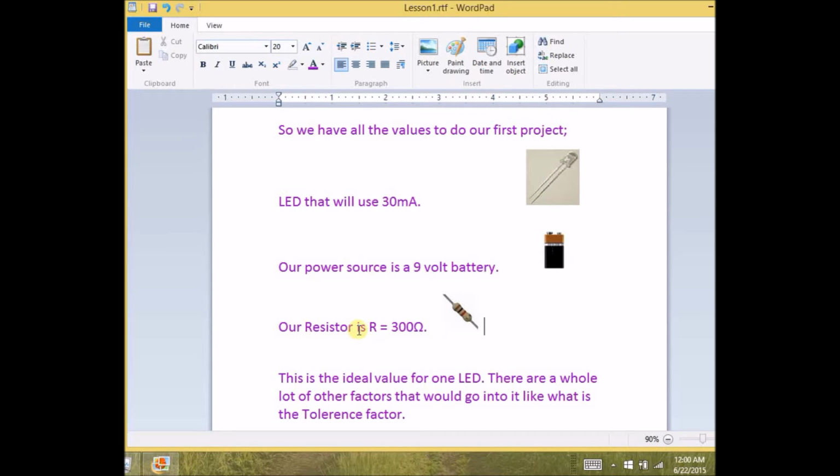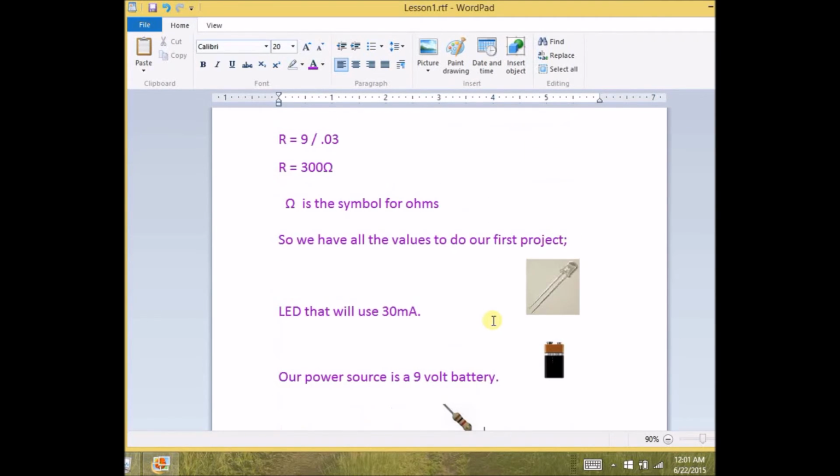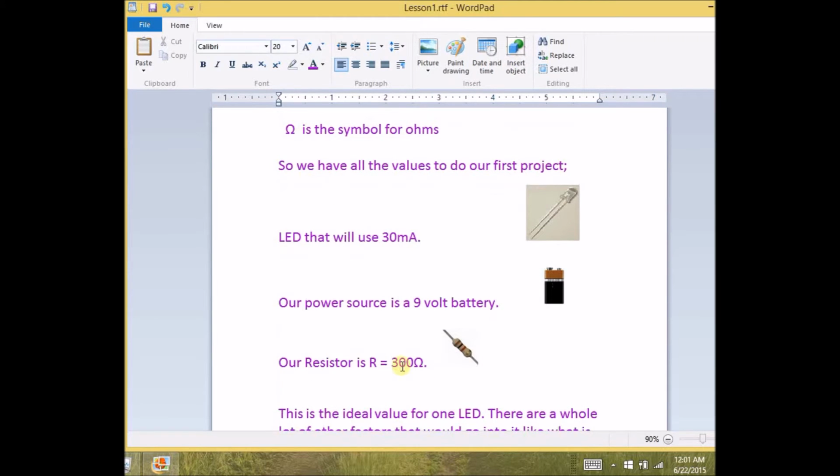So our resistor that we're going to be using is going to be a set resistor. Now, our calculations are saying that our resistor should be 300 ohms, which is what the ideal resistor value should be for one LED. What I'm going to say, because a whole lot of different factors go into which resistor you will be using, there's a tolerance factor and everything.